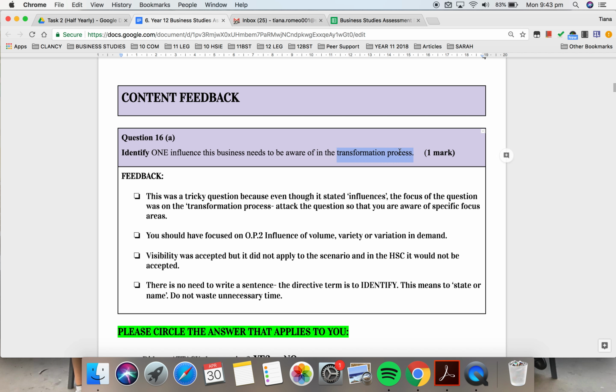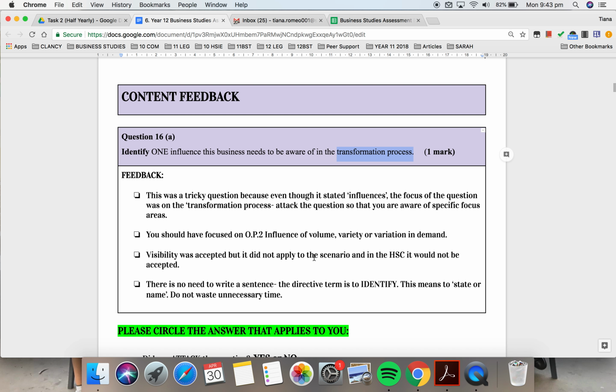So you had to refer to the 4 V's. You have to make sure that you attack the question so that you're aware of the specific focus area. You should have focused on the influence of volume, variety, or variation in demand. Visibility, we accepted, but it didn't apply to the scenario, and in the HSC, it would not be accepted.